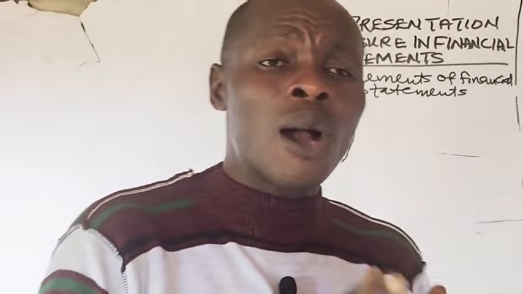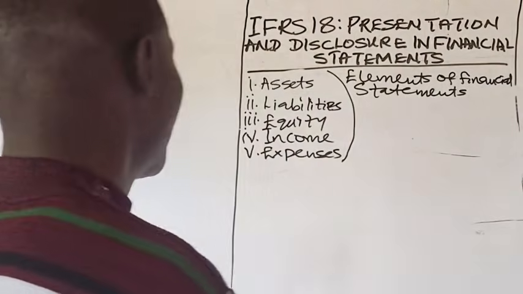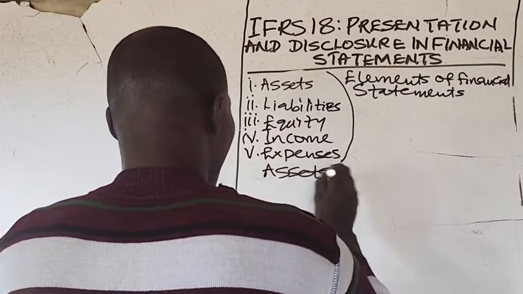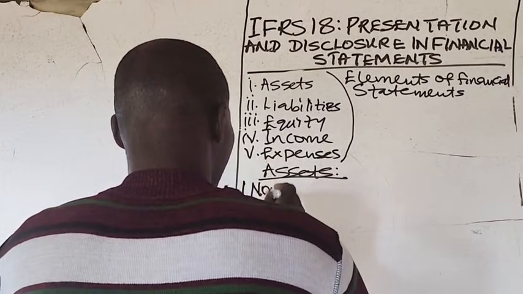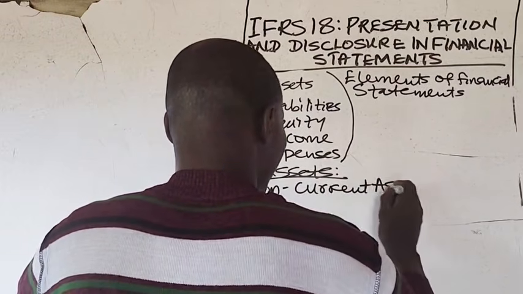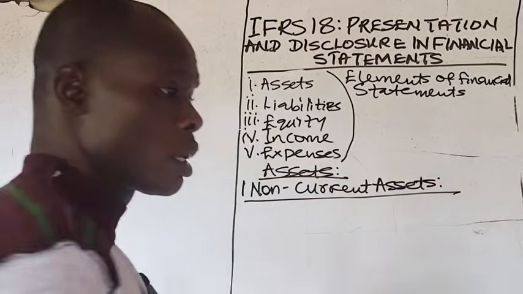In accordance with IFRS 18, assets will be categorized into two. Number one, we have the non-current assets.